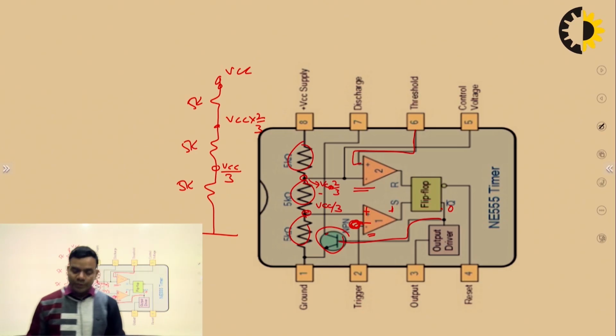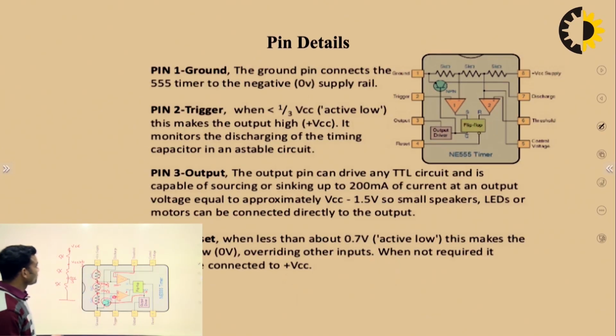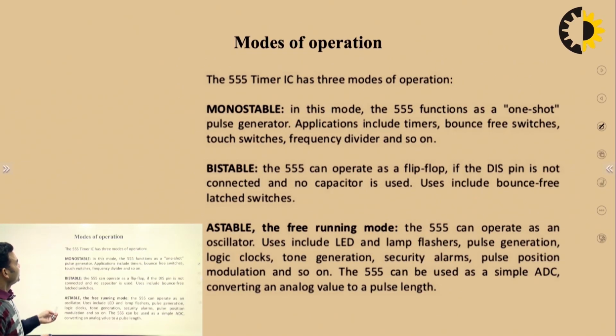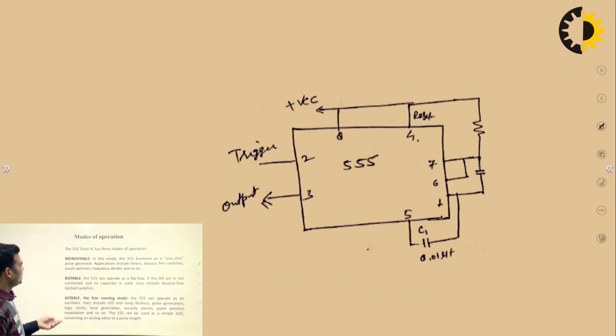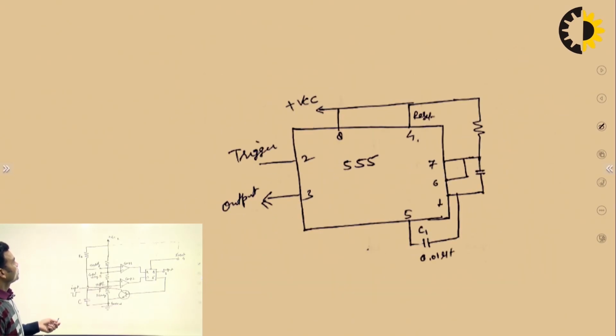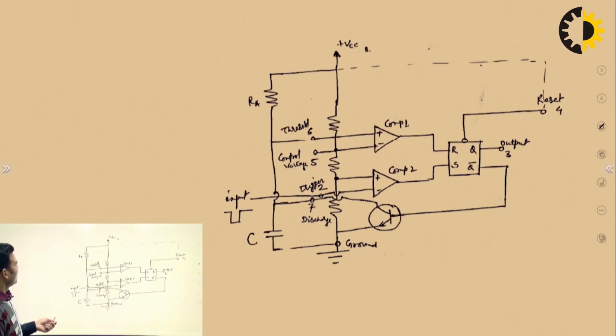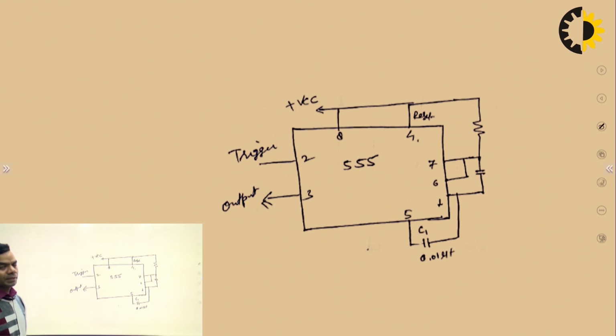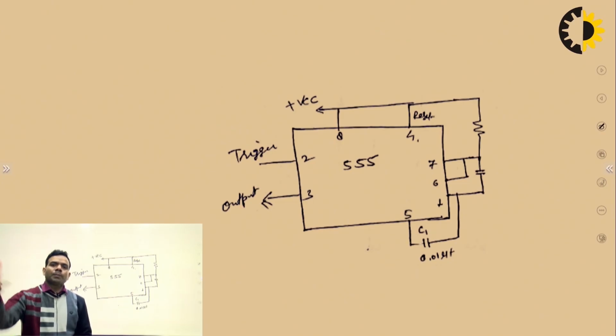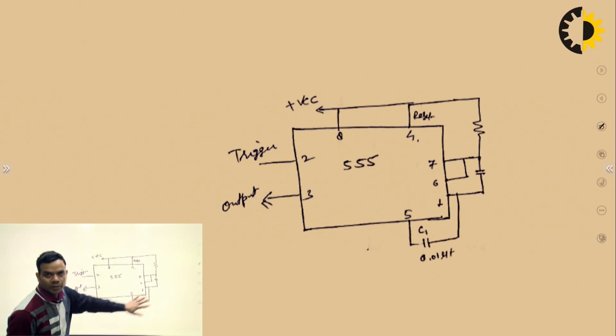Now, this is the pin detail and modes of operation we have already seen. So now we are going to discuss the monostable multivibrator. This is the pin diagram. That means, if you have a 555 timer circuit, then how you can design a monostable multivibrator is explained here.